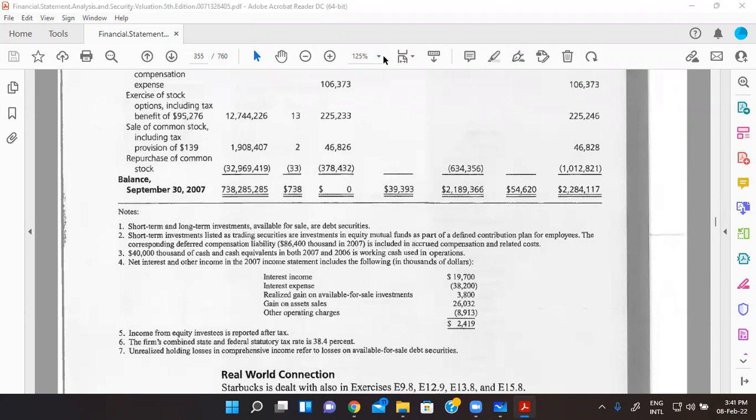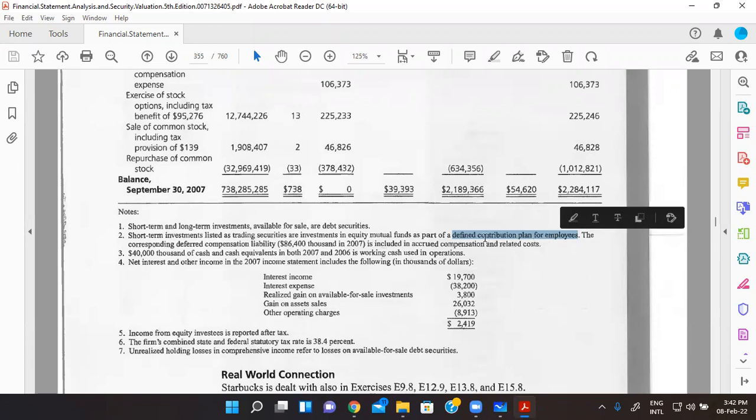So you see that short-term investment listed as trading securities is particularly held for trading, and we have made investment in equity mutual funds. It might look to you that these are financial assets, but this investment has been made for the sake of employees.